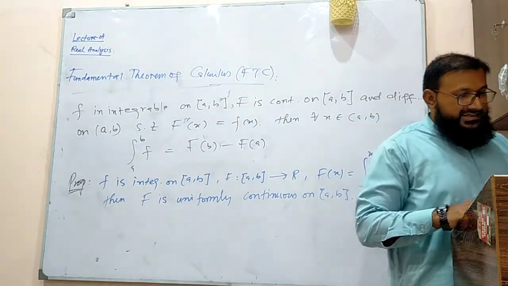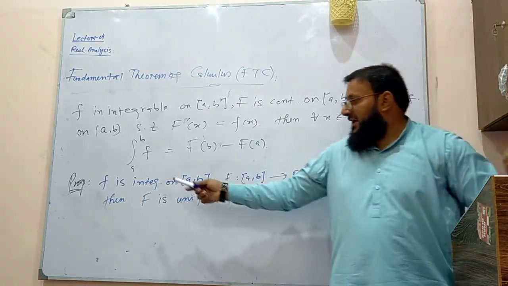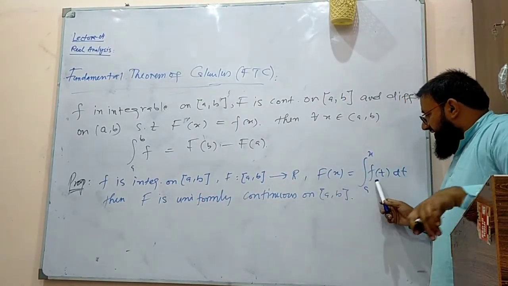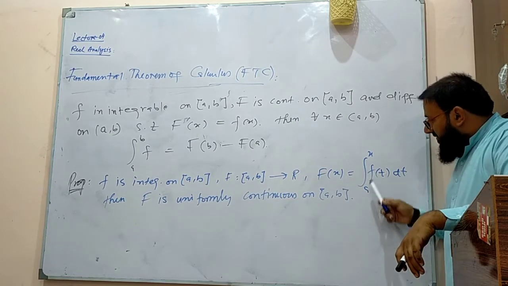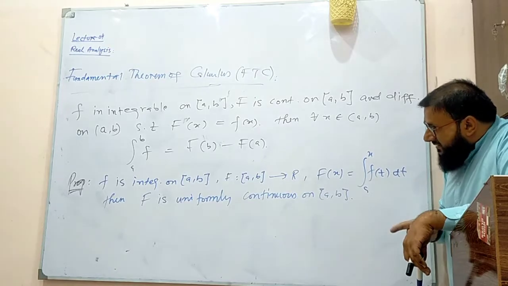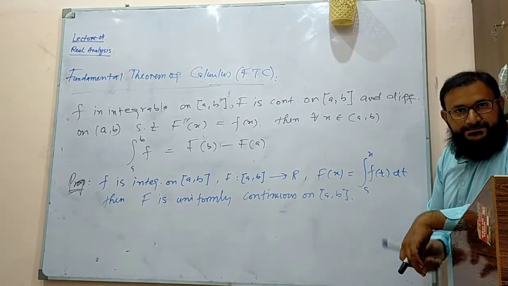If it is making sense, then we should go ahead. It says that you have some f which is integrable, and you have capital F which is the integral of this from, let's say, a to x. Then this capital F must be uniformly continuous.